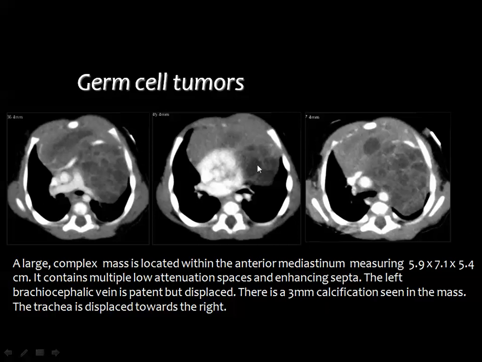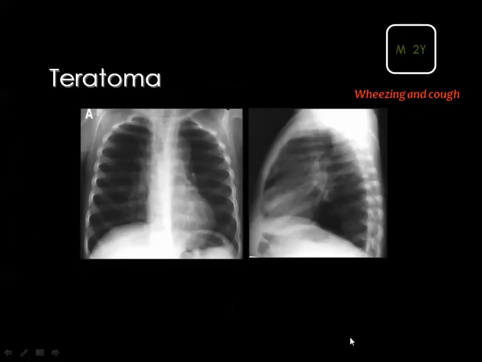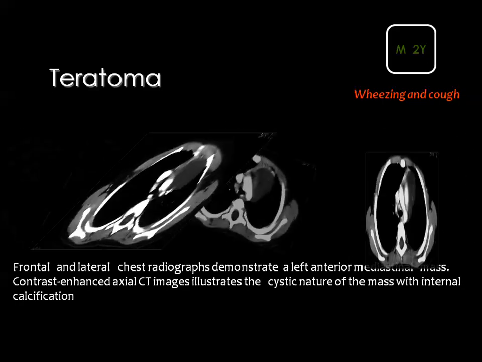I am not able to elicit this calcific part of the tumor, but calcium is not an essential finding for the diagnosis of teratoma, but fat is very important for the diagnosis.